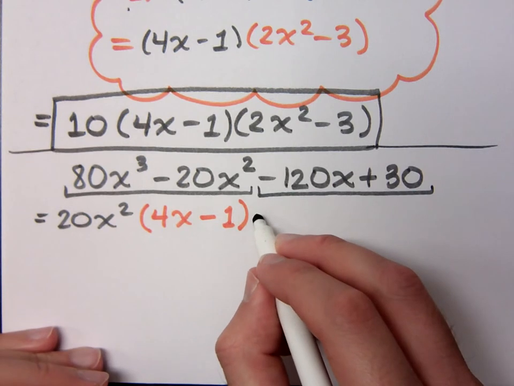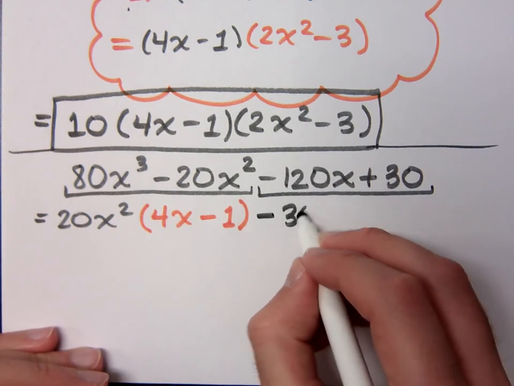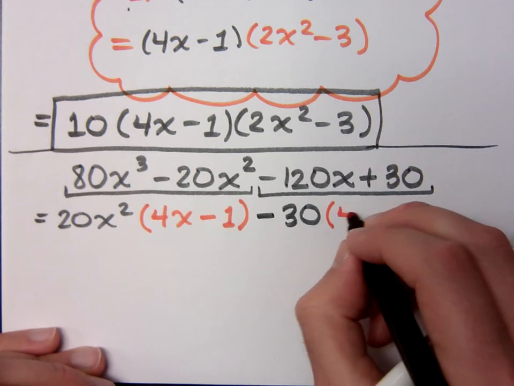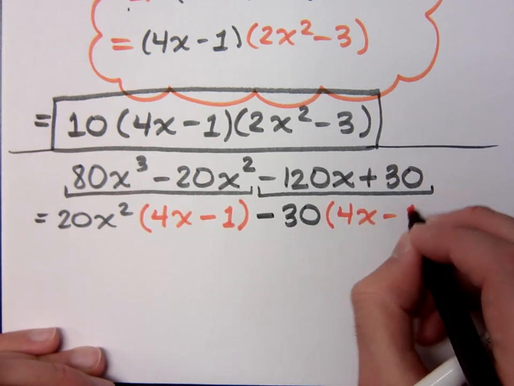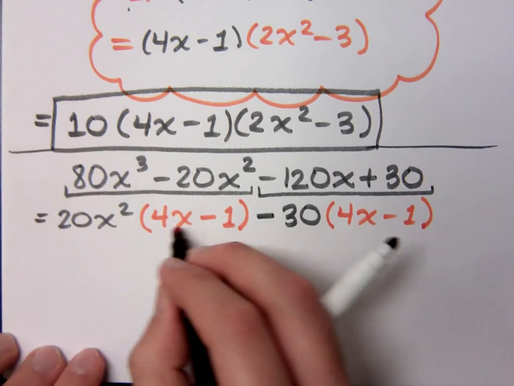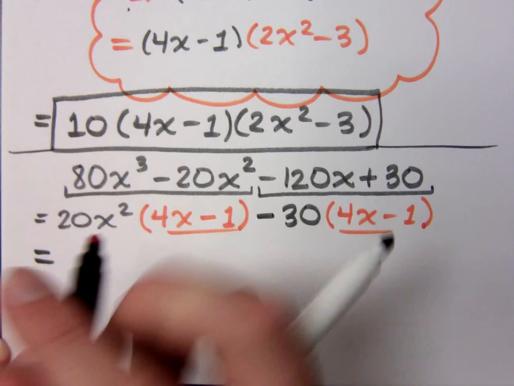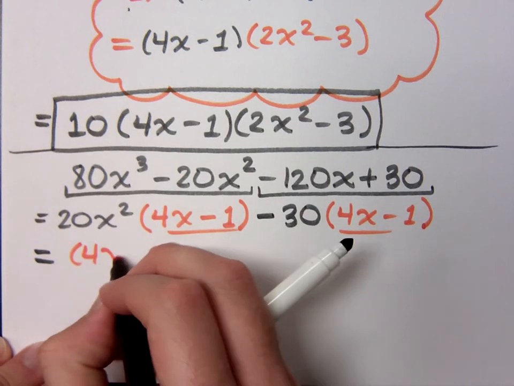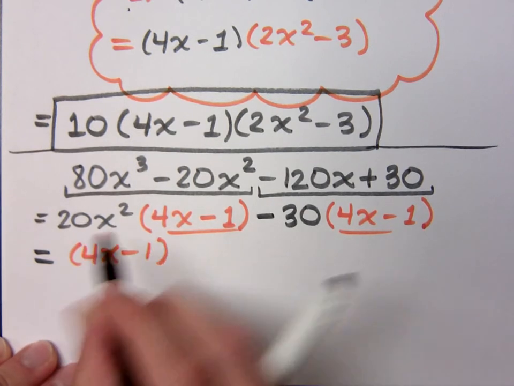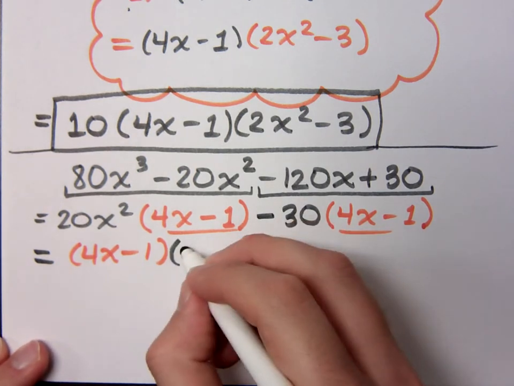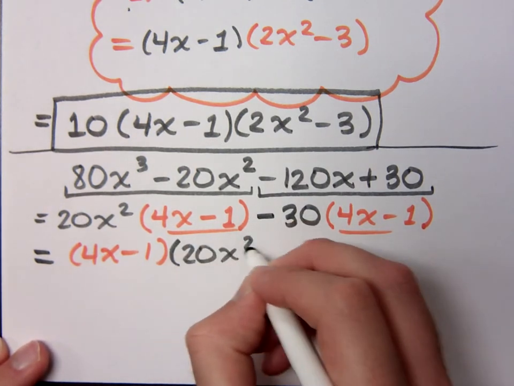Minus 30, and I'd be left with 4x minus 1. And then we would take this 4x minus 1 and write that up front. And the other part of the factorization would be 20x squared minus 30.